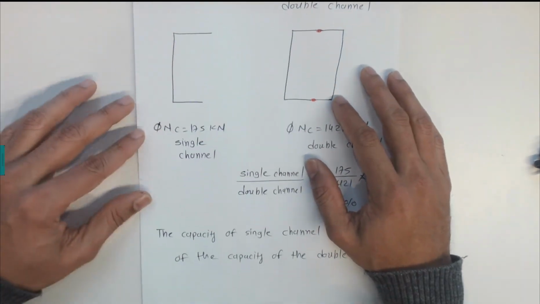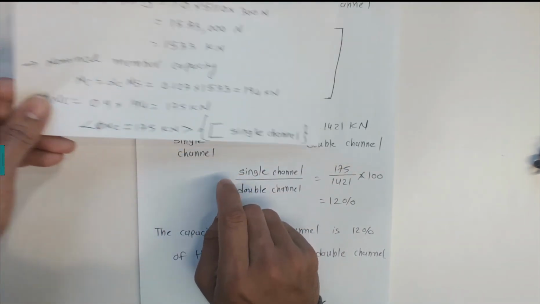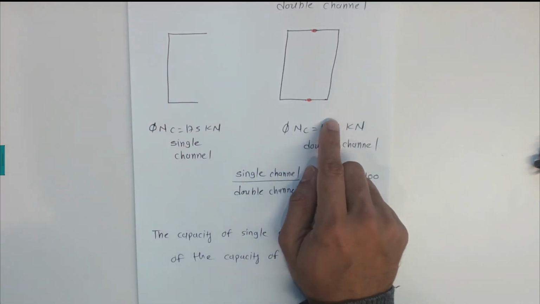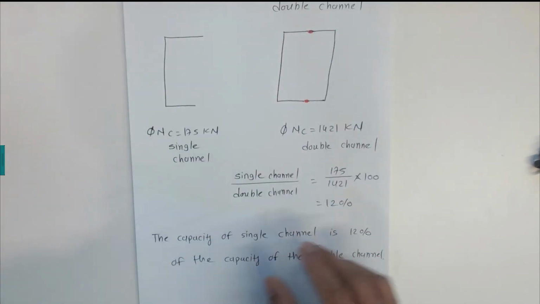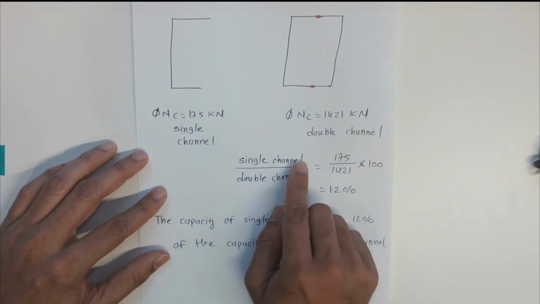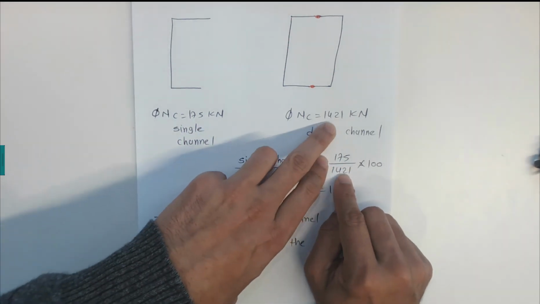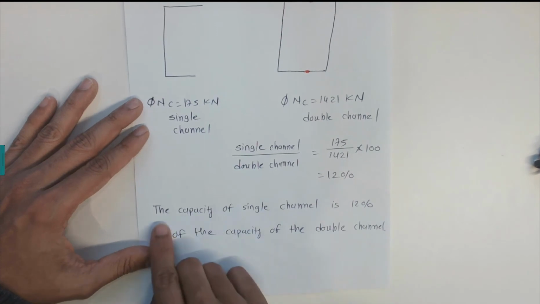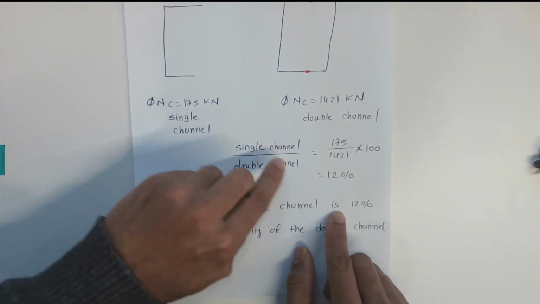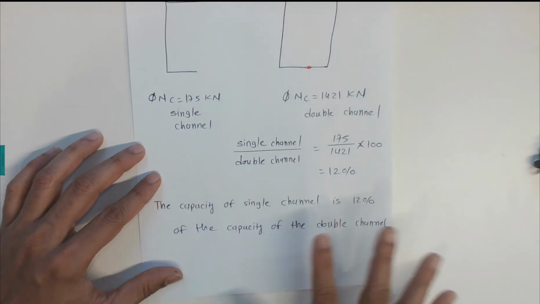So capacity is 175 kilonewtons for the single channel, and for the double channels we found 1421 kilonewtons. So single channel capacity divided by double channel, 175 divided by 1421 times 100 to get the percentage, so 12%. So I can say that the capacity of the single channel is 12% of the capacity of the double channels. Thank you very much.